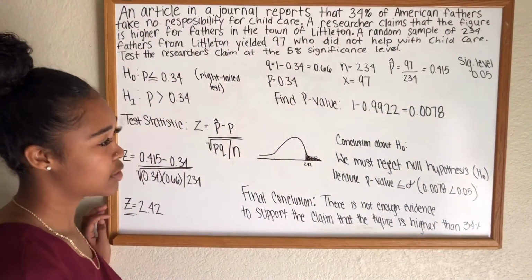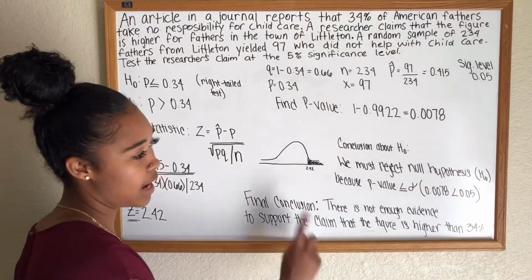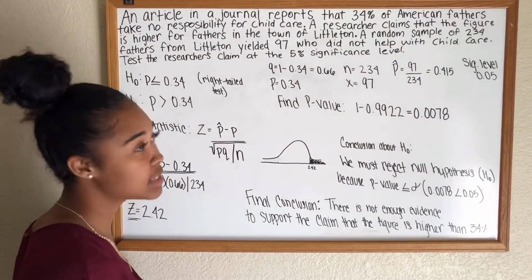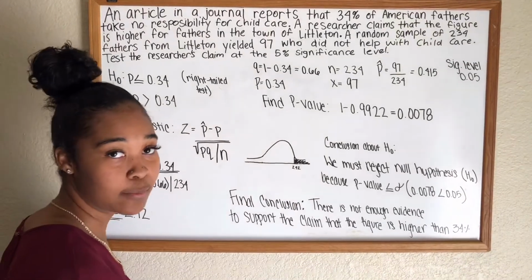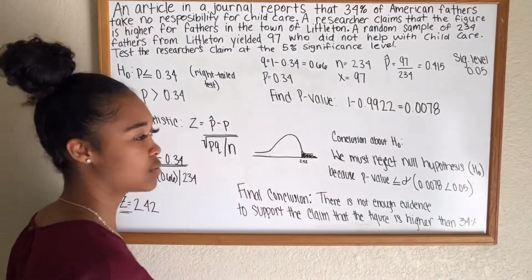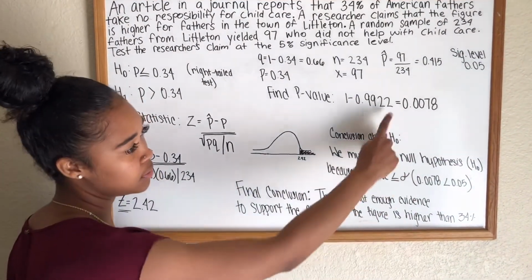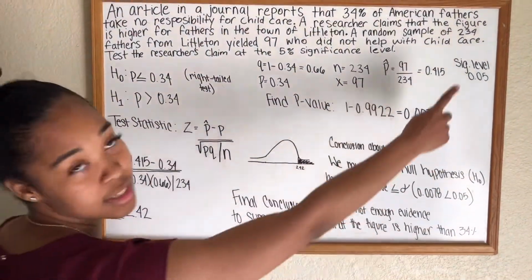And then after we find those values, we can now make our conclusion about the null hypothesis and the claim in the problem, which we must reject because the p-value is less than our significance level.